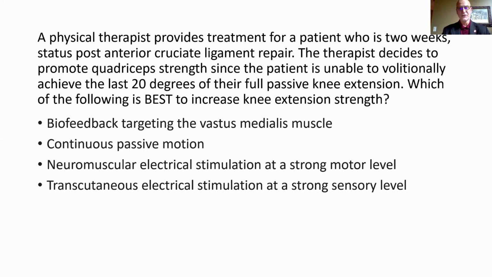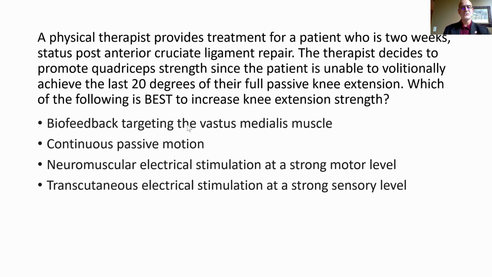So you've got a physical therapist who provides treatment for a patient who's 2 weeks status post anterior cruciate ligament repair. The therapist decides to promote quadricep strength since the patient is unable to volitionally achieve the last 20 degrees of their full passive knee extension. Which of the following is best to increase knee extension strength? This could be one way that you could see the application of a modality, especially when we're talking about electrical stimulation.